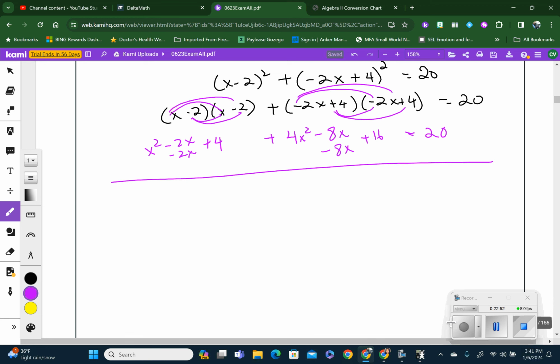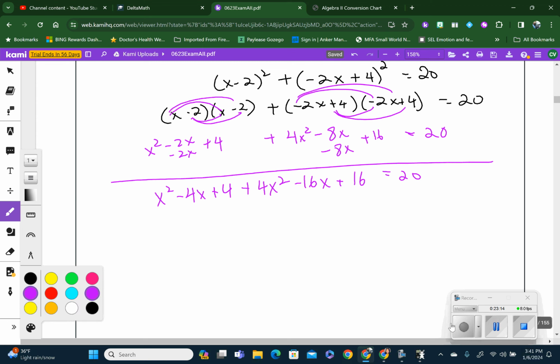All right. So now I'm going to combine some like terms here. So I have a x squared, negative 2x is negative 4x plus 4. I have a 4x squared here. Negative 8x is negative 16x plus 16. And this is equal to 20. Again, I'm going to combine some like terms here. Let's go here. So negative 4x, negative 16 can combine.